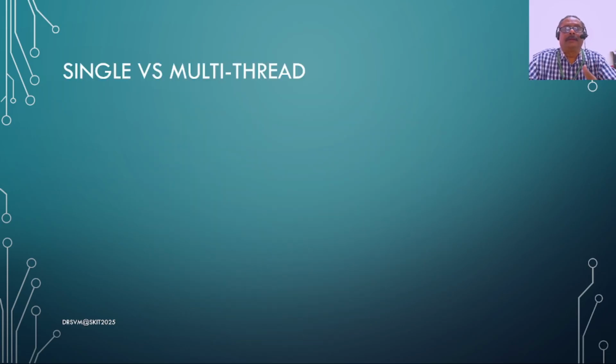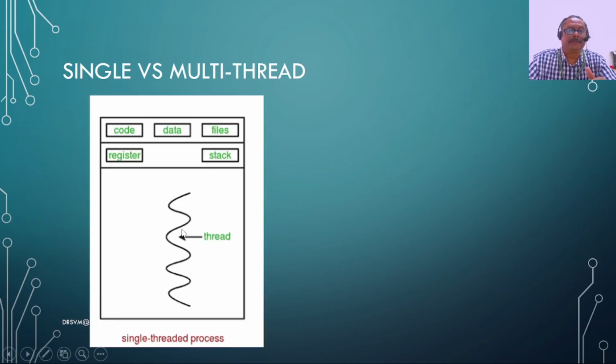Now looking at the difference between the single thread and multi-thread. Whatever I just explained was in words, so it can just disappear from the mind, but a picture is worth 1,000 words. So let me show a picture to clearly differentiate between a single thread system and a multi-thread system.